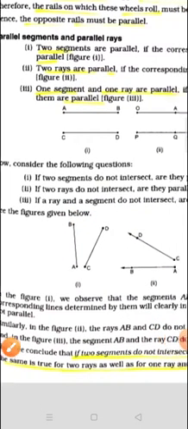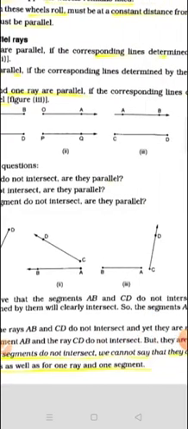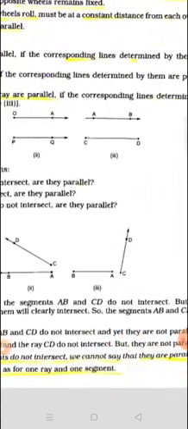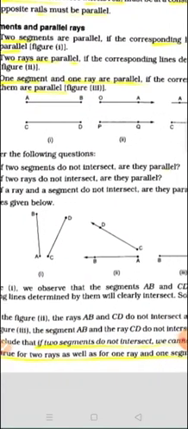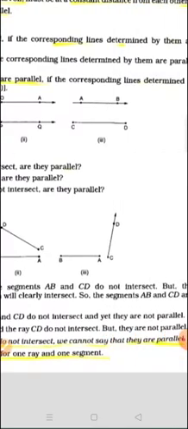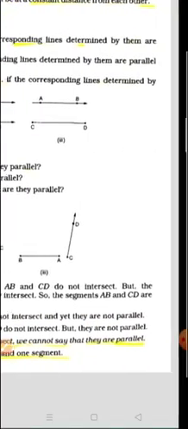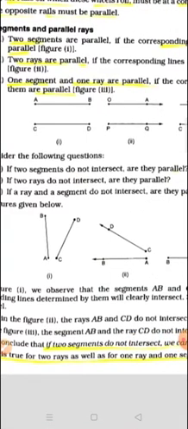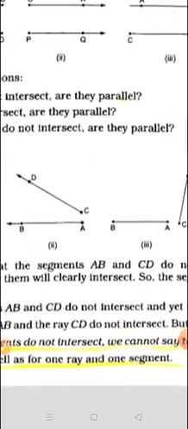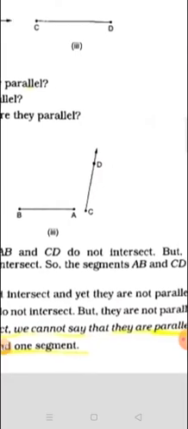In the first figure, we observe that the segments AB and CD do not intersect, but the corresponding lines determined by them will clearly intersect. So the segments AB and CD are not parallel. Similarly, in the second figure, the rays AB and CD do not intersect, and yet they are not parallel.